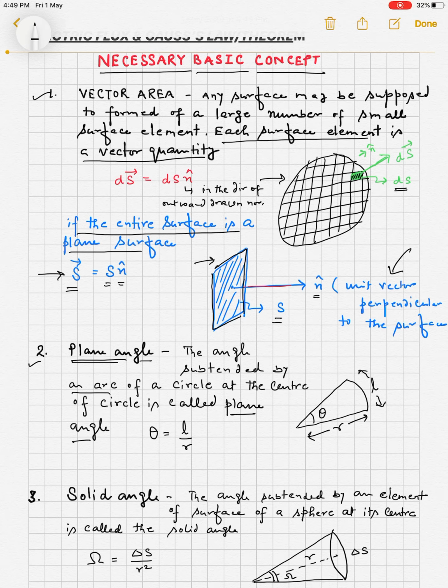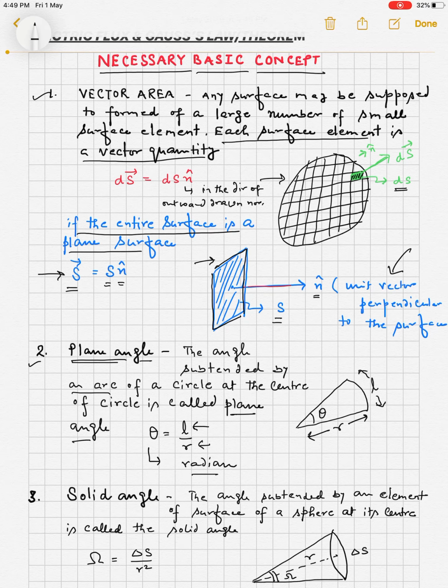So theta is equal to L, that is the length of the arc, upon R, the radius of the circle. And the unit of angle, as we all know, is the radian.